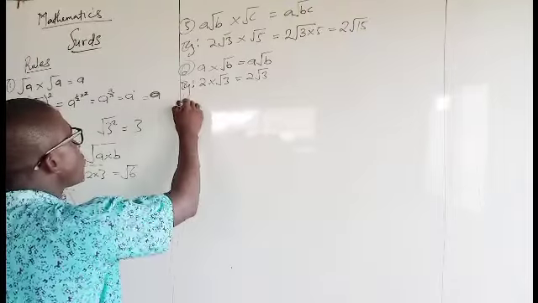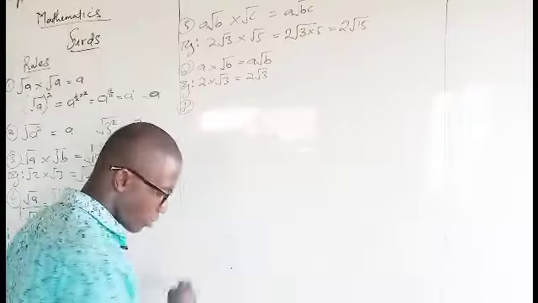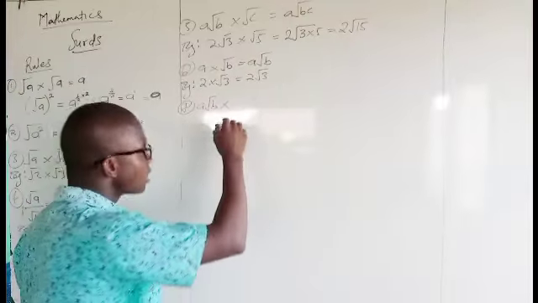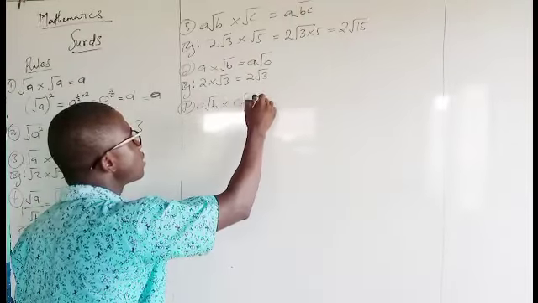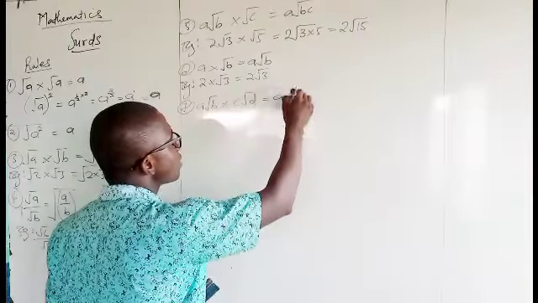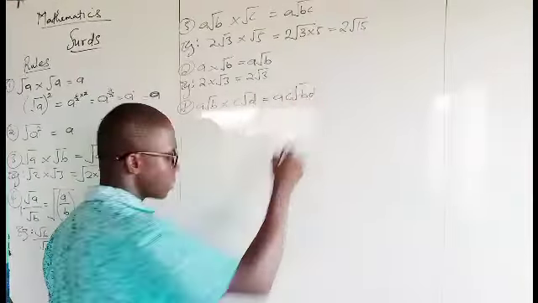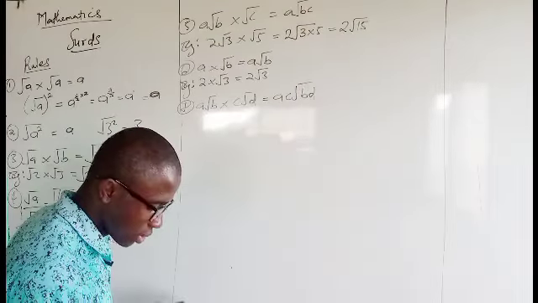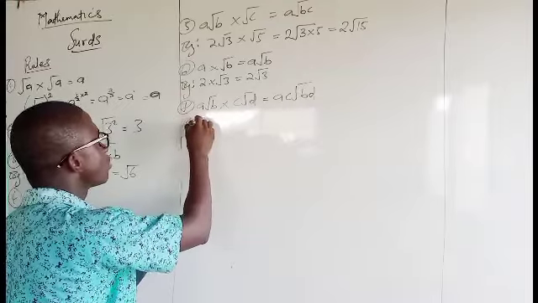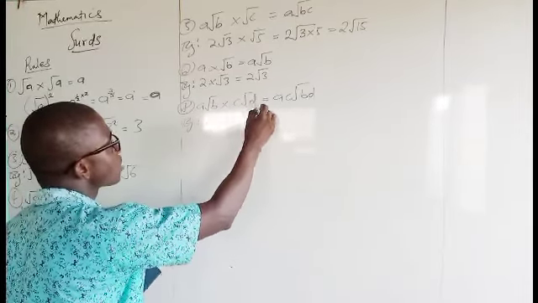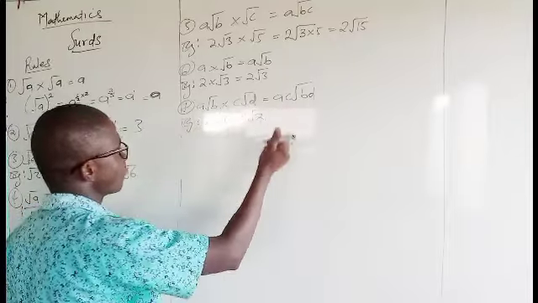Now let's look at the seventh rule. The seventh rule gives us a root b times c root d. So we have to group them. So we have ac square root bd. So let's look at an example: 2 root 3 times, let's say, 4 root 2.